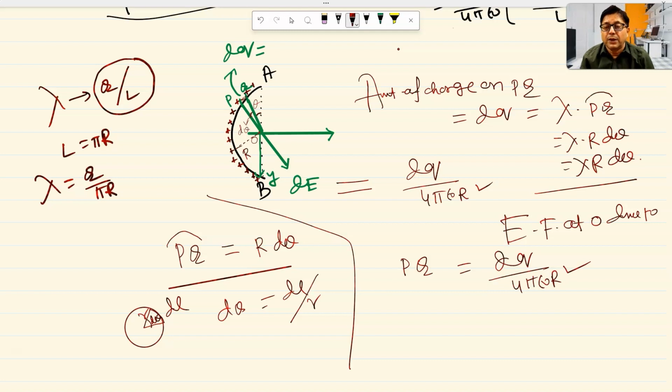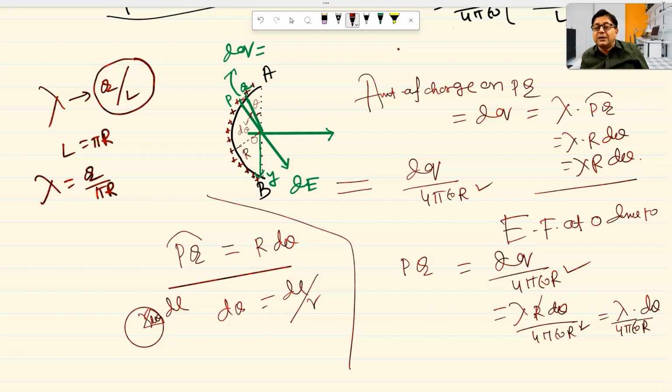Isn't it? What is the value of dq here? dq is lambda r d theta. Lambda r d theta by 4 pi epsilon 0 r square. The r's get cancelled. So it is lambda by 4 pi epsilon 0 r into d theta.